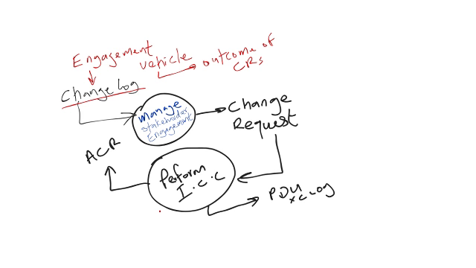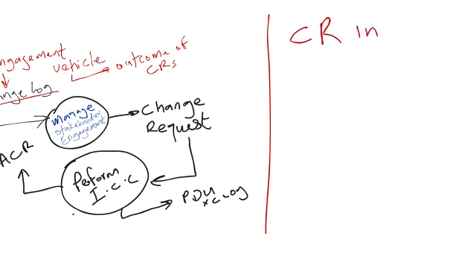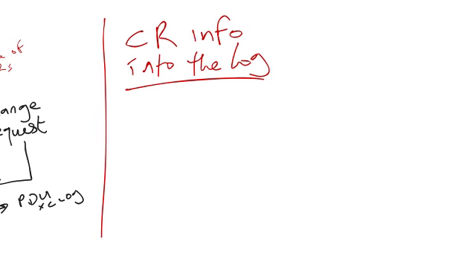And that's why every change request that you get in this world of the PMI, you want to put all of your CR information into the change log, okay? Put all your CR info into the log. Make a practice of doing this in your real world as well.